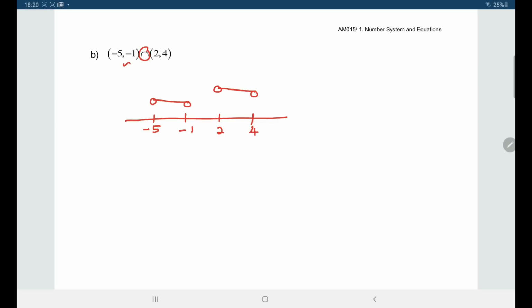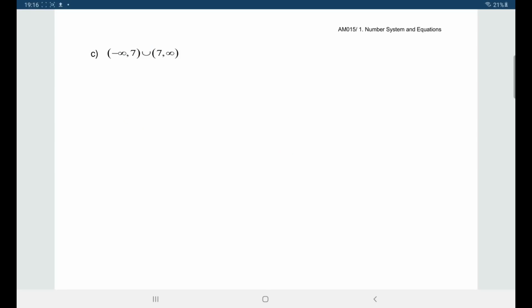Okay, from the line, any intersection? No. So the solution set is the null set.